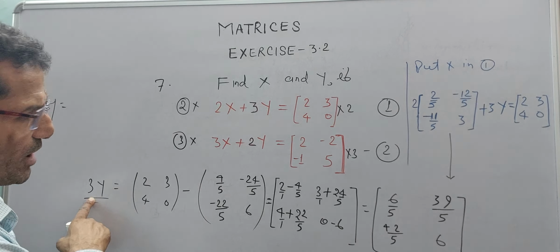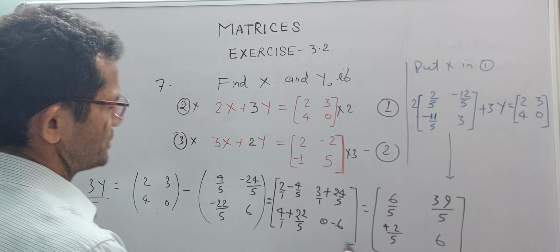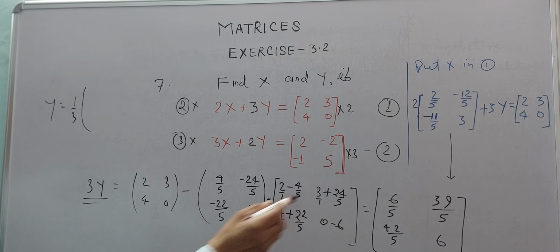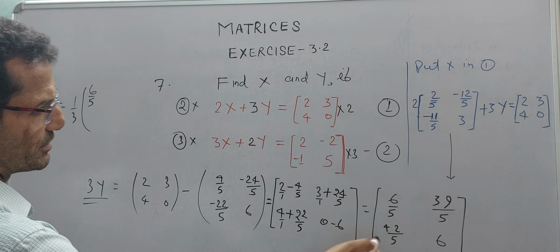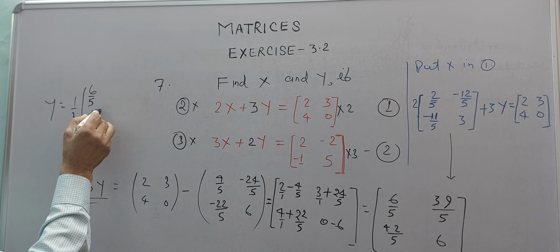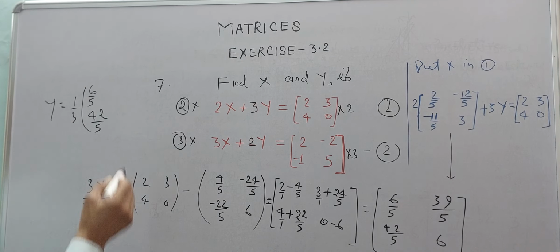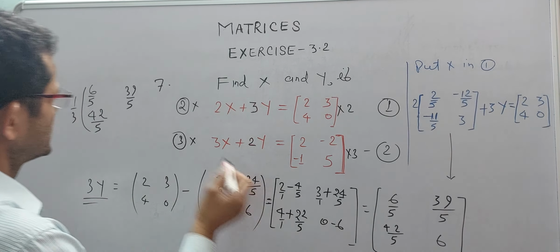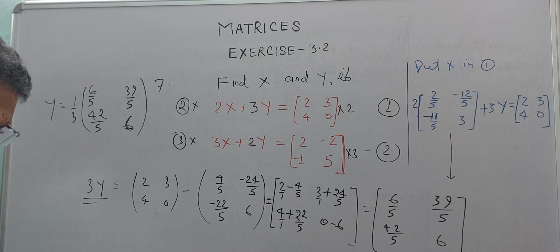So 6 upon 5 divided by 3 comes to 2 upon 5, 39 upon 5 divided by 3 is 13 upon 5, 42 upon 5 divided by 3 is 14 upon 5, and minus 6 divided by 3 is minus 2. So this is the value of y.